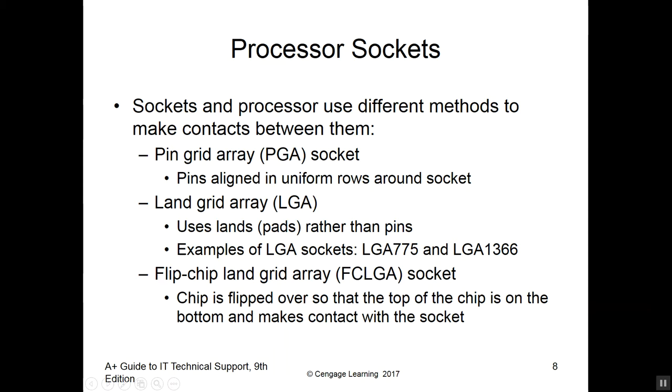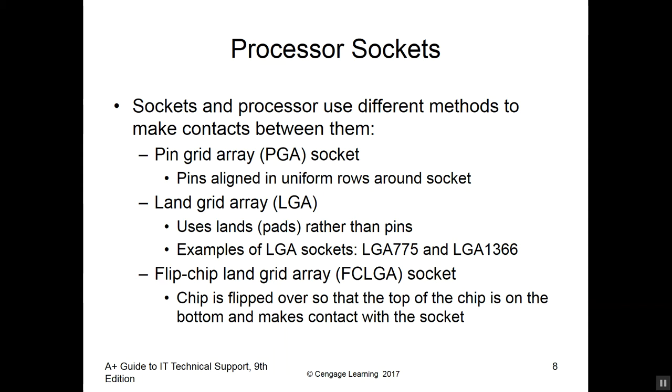Sockets and processors use different methods to make contacts between them. Now there's a pin grid array, or PGA socket, and the processor has pins sticking out of the back of it. There's a land grid array, and it uses lands or pads rather than pins. And then there's a flip chip land grid array.